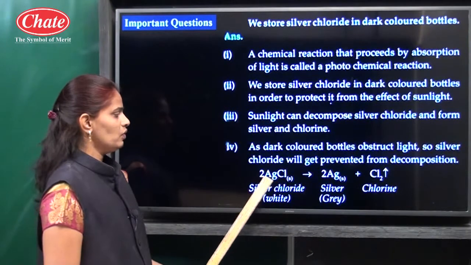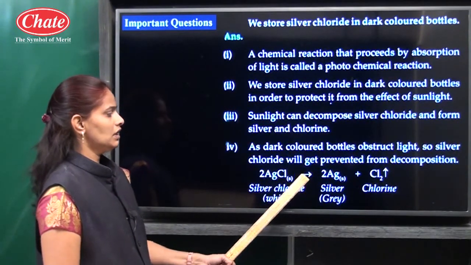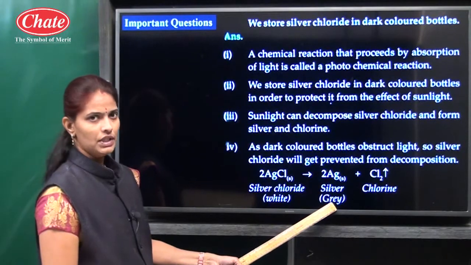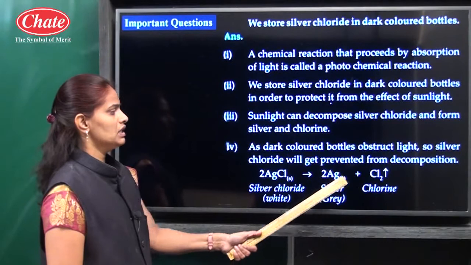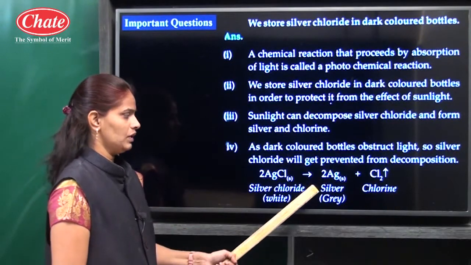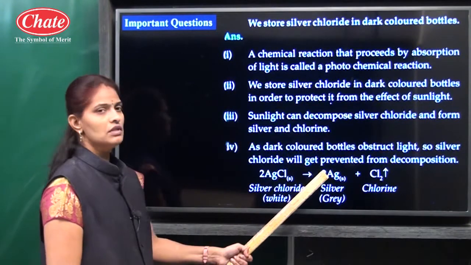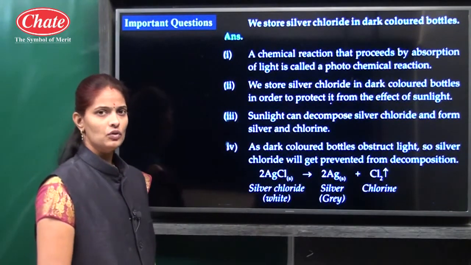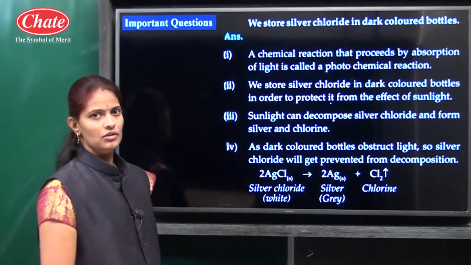See here, 2AgCl, silver chloride, white, converts into a greyish color after decomposition by sunlight, giving 2Ag plus Cl2. Here the decomposition of silver chloride gives silver along with chlorine. So that is why we store silver chloride in dark color bottles.